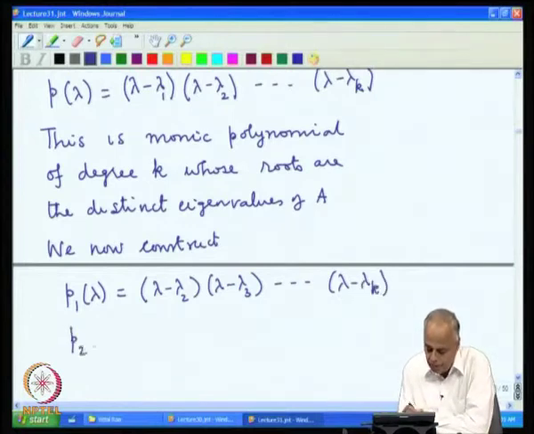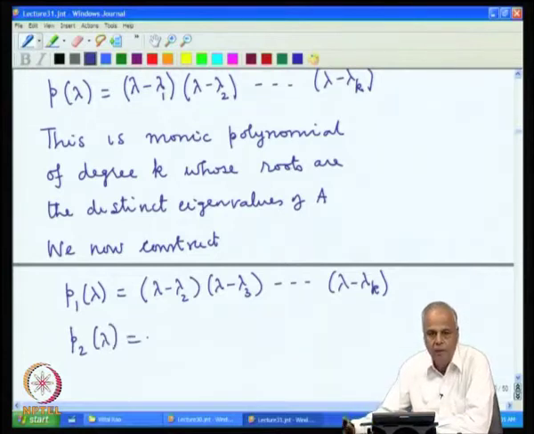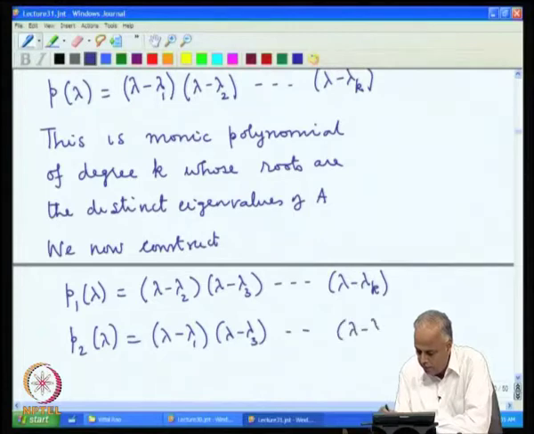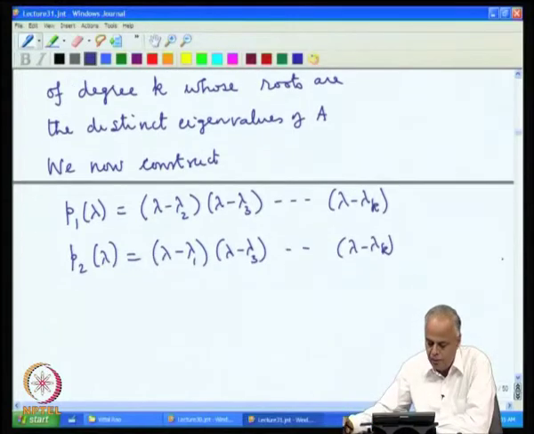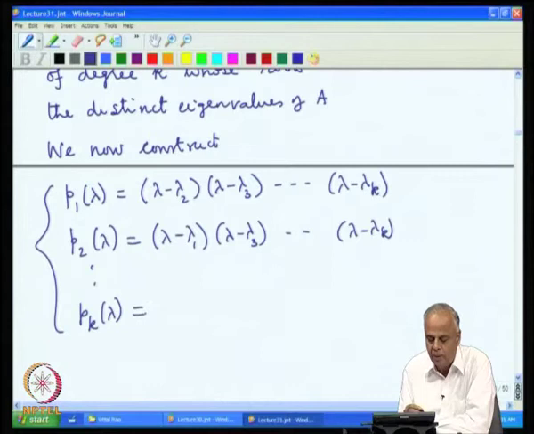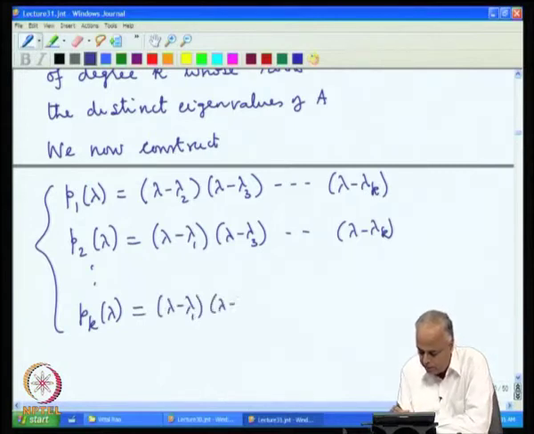To get p 2 lambda, from p lambda we remove the second factor and we look at only lambda minus lambda 1, lambda minus lambda 3 and lambda minus lambda k. And we continue this process to get k polynomials. The kth polynomial we remove the kth factor and retain all the other factors.